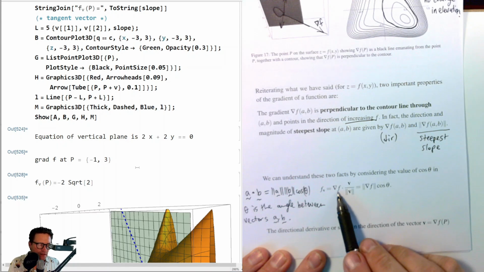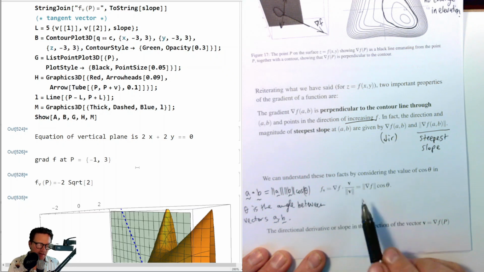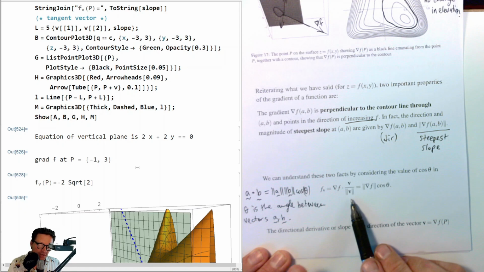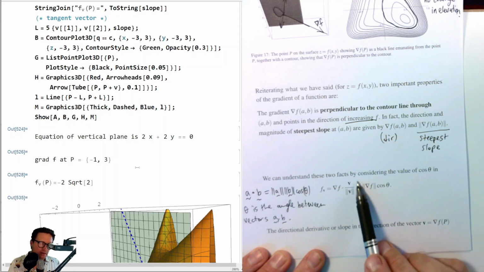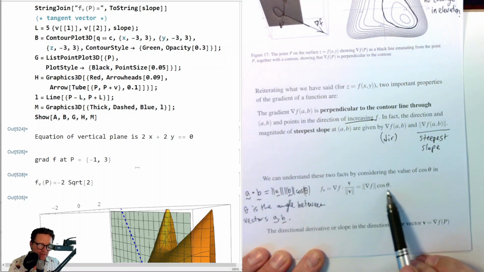Okay, so here we have a vector A and a vector B, say, right? A being grad f and B being v over the norm of v. So we have then, since this is a unit vector having norm 1, the norm of this one there times the norm of this one, which is 1, times the cosine of the angle between them.